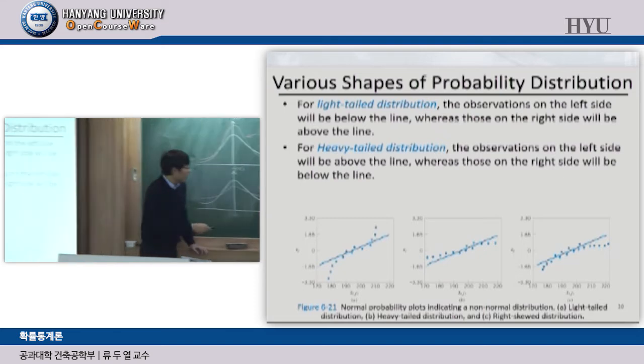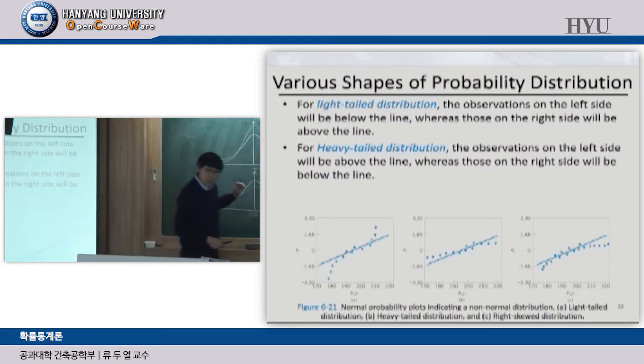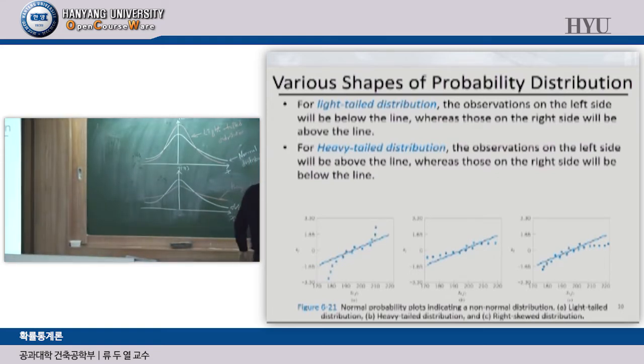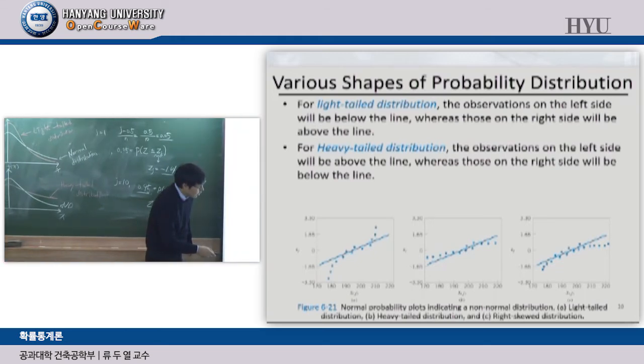So in the case of the heavy-tailed distribution, we have a higher probability at the tail, but instead we have a smaller probability at the center as compared to the normal distribution, okay? And for this case, if we analyze this curve based on the probability plot graph, okay? The left observations are above the center line, the right observations are below the center line.